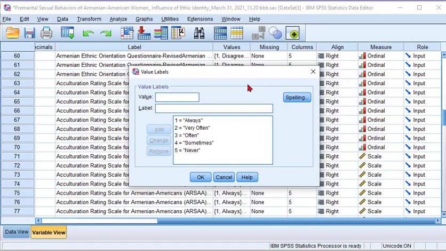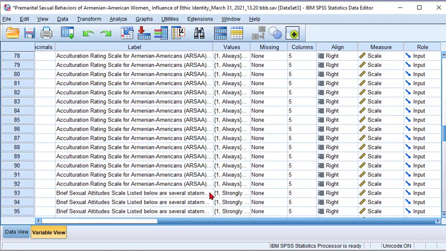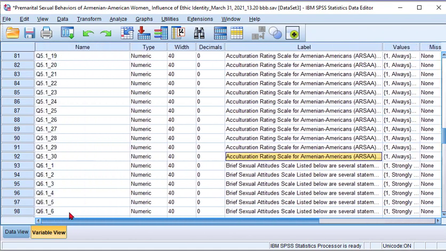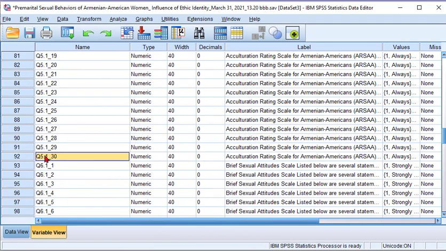Wow. So, okay, so they all do that? For the most part, yeah. So what about this one? What's this last one here? The brief sex attitude scale. No. Question 5-1-30. Let me open it up. 5.130.